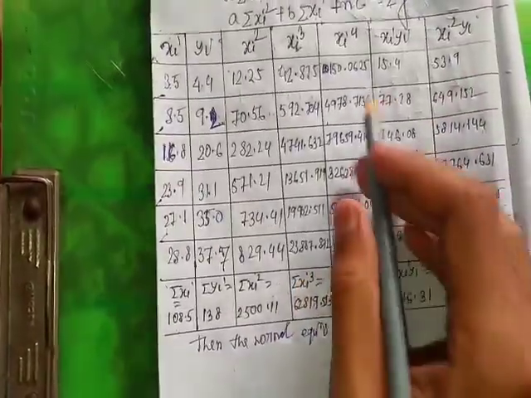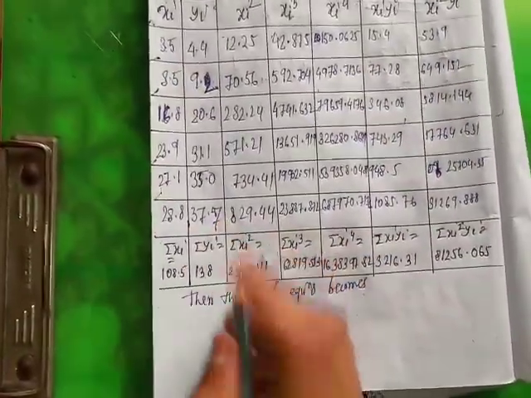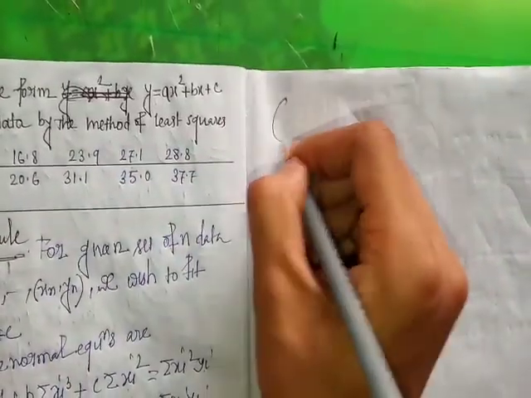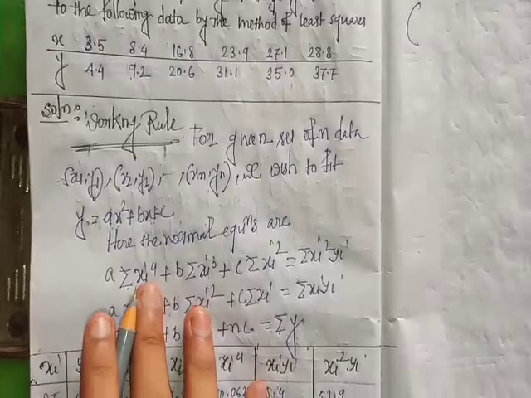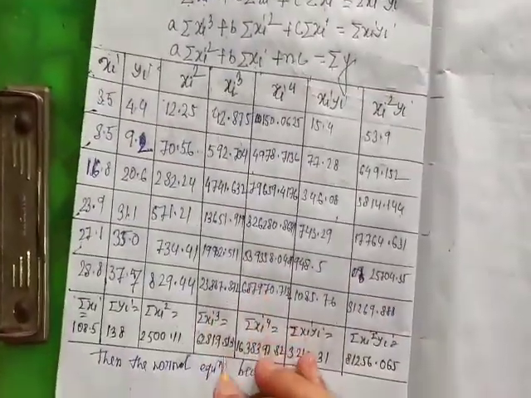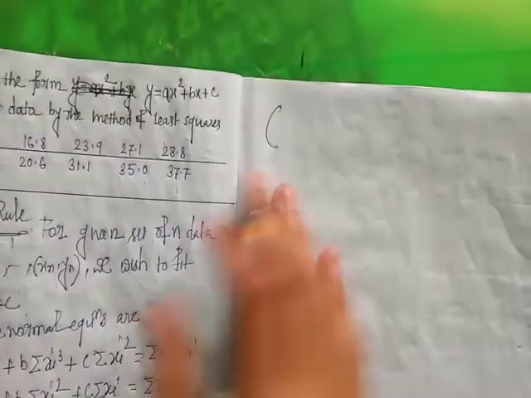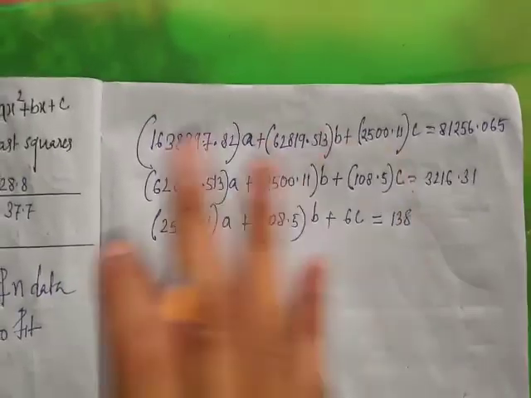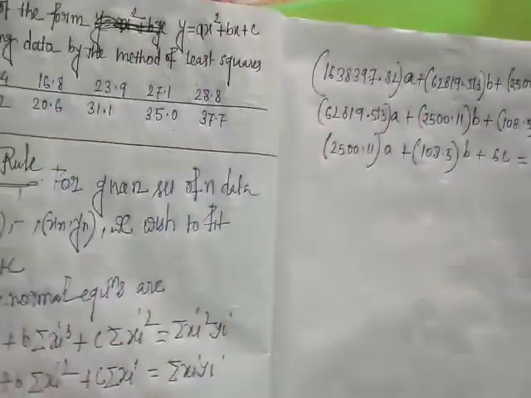a into summation xi to the power 4, and here xi to the power 4 summation becomes this. So ultimately we get three equations, three normal equations.